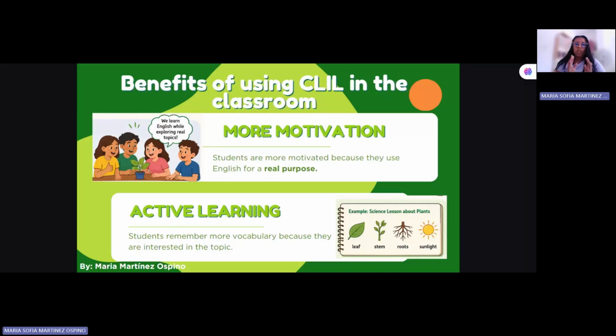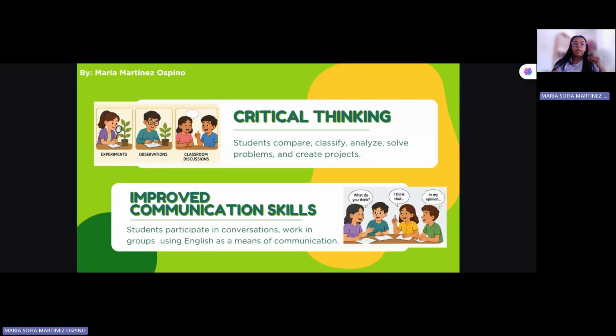For example, during a science lesson about plants, students naturally learn words such as leaf, stem, roots, sunlight, or other science-specific vocabulary. These words become meaningful because students connect them with experiments, observations, or classroom discussions.